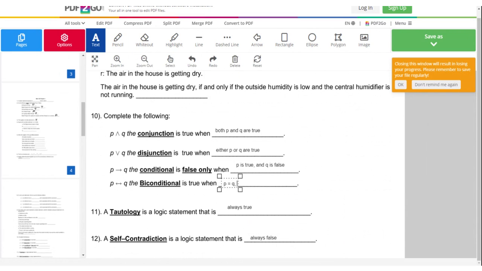In other words, if you got two truths, the biconditional is true. If you got two falses, the biconditional is also true.